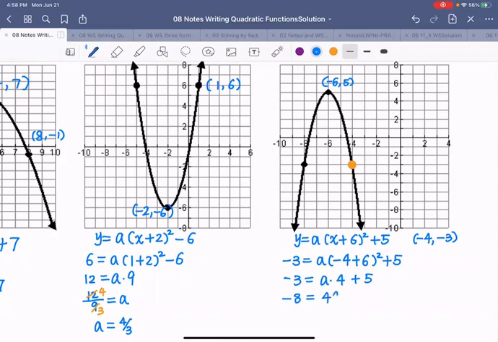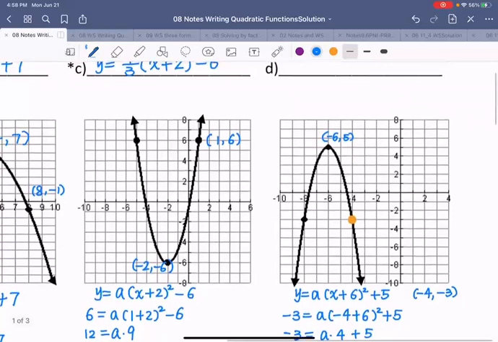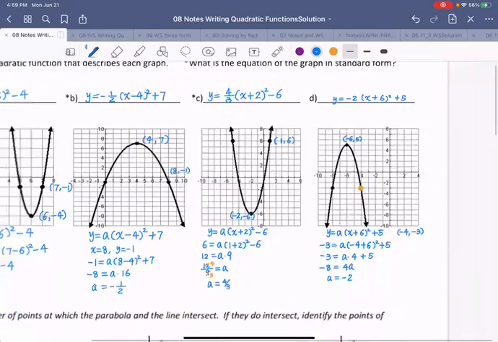And then -2 equals a. Very good. Now let's put the answer here. y equals -2 (x plus 6) squared plus 5. This is beautiful, I like it.